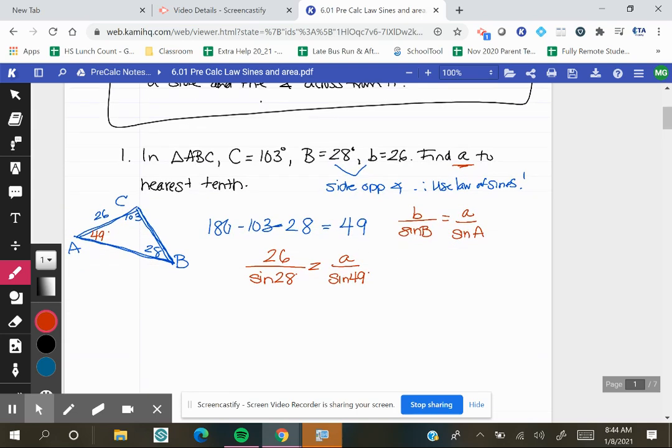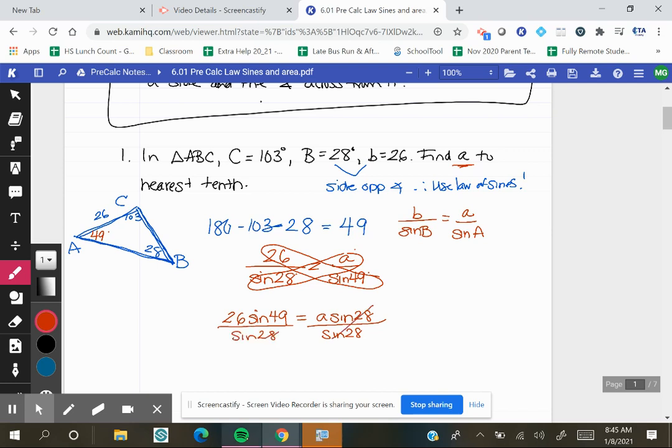All right, once we have that, it's really just a matter of cross multiplication. And of course, writing out your work. So always make sure the 26, the side length, goes in front of sine of 49, equals a times sine of 28. And to solve for a, I'm just going to divide by sine of 28.